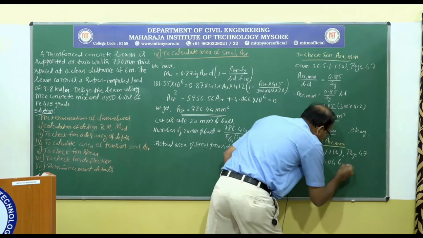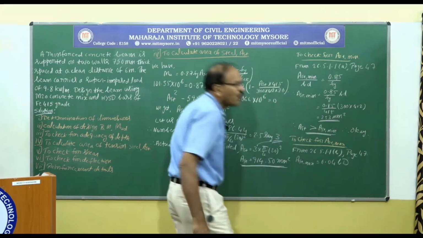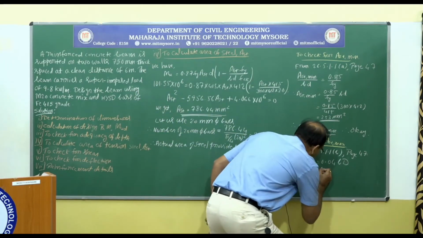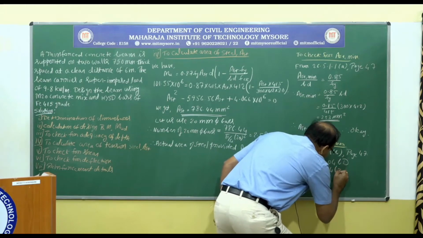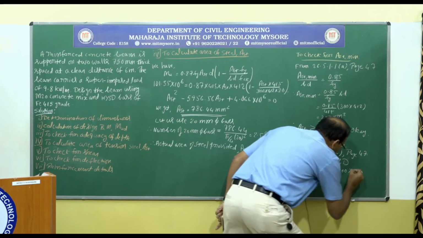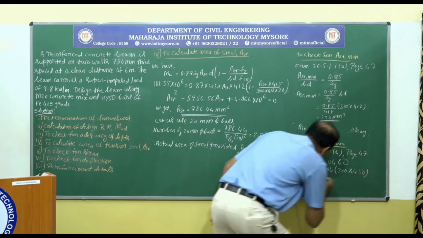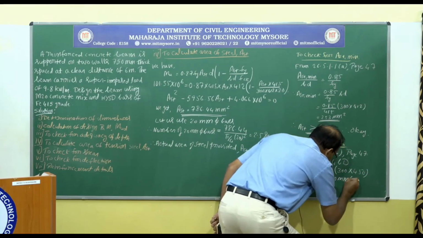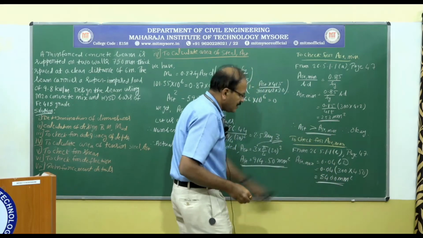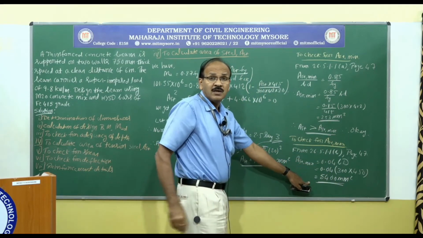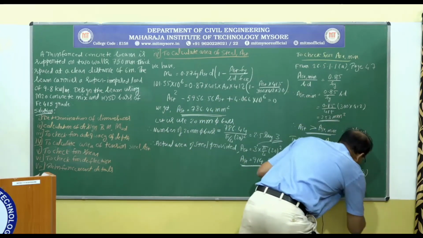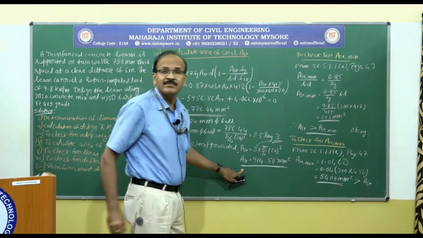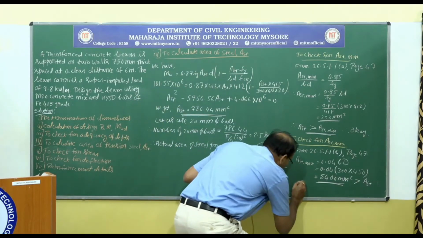D is capital. We need to consider the overall depth, but not the effective depth. So it is 0.04 into 300 is the breadth, 450 is the depth, that is equal to 5400 millimeter square. This is Ast maximum. So Ast maximum is greater than the Ast we are providing. Therefore, okay.